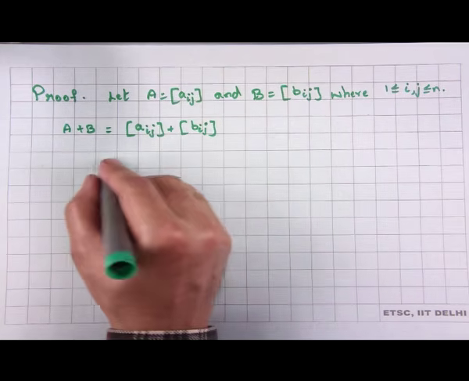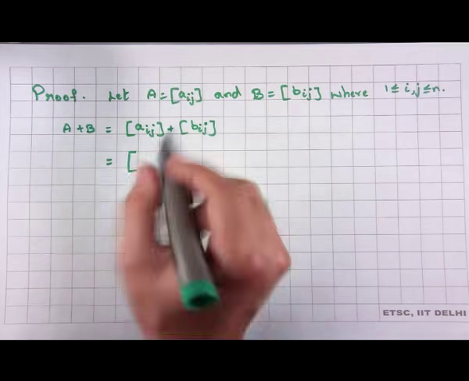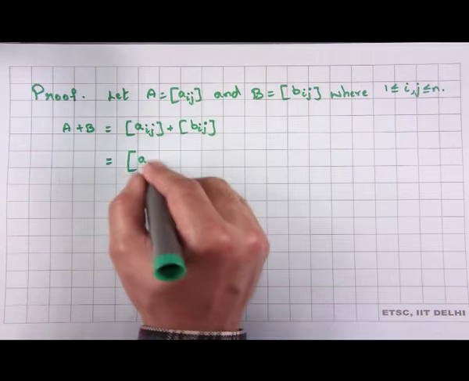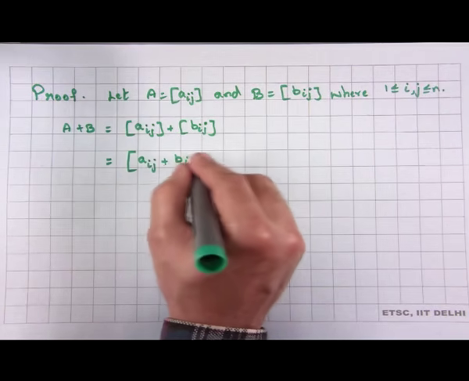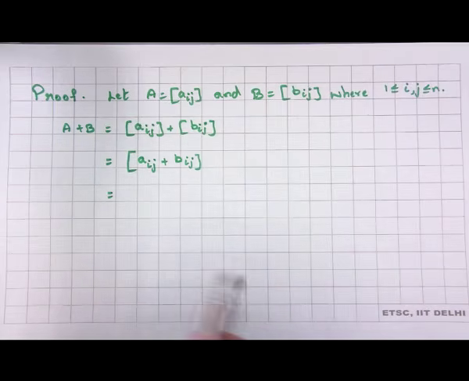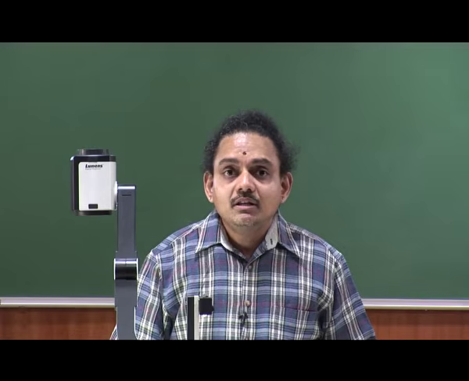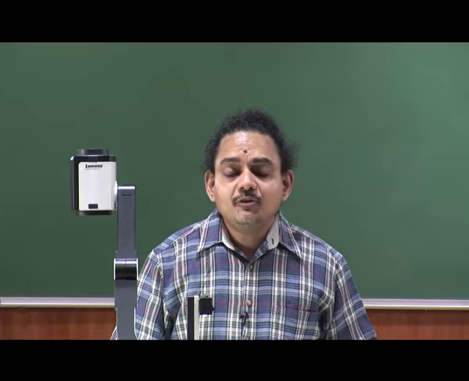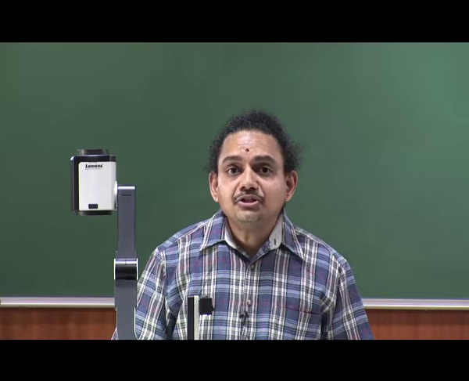If you look at this, by the definition of matrix addition, this coincides with a_ij plus b_ij. But what we know is that complex addition and real addition, whatever it be, are commutative. For complex scalars or real scalars, we know that addition is commutative.